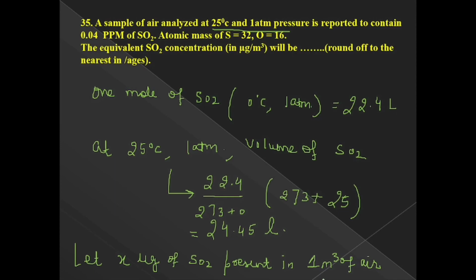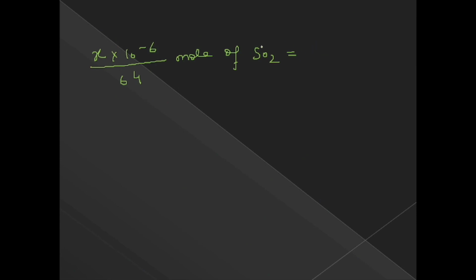So here we can calculate x into 10 to the power minus 6, because of micrograms to gram, divided by 64, the moles of sulfur dioxide. 1 mole of sulfur dioxide has the volume equal to 24.45 liters. So that is 24.45 into x into 10 to the power minus 6 whole divided by 64 liters in 1 meter cube.